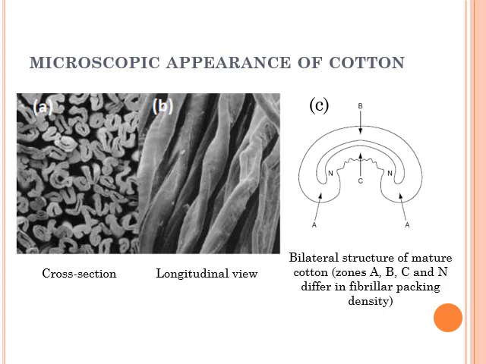The cross section tends to provide an indication of the relative dimensions of the lumen and fiber walls. Under the microscope, each cotton fiber is a single elongated cell that is flat, twisted and ribbon-like, with a wide inner hollow canal called the lumen. These twists are also referred to as convolutions, as shown in figure B. Formation of convolutions occurs after the cotton boll bursts open.